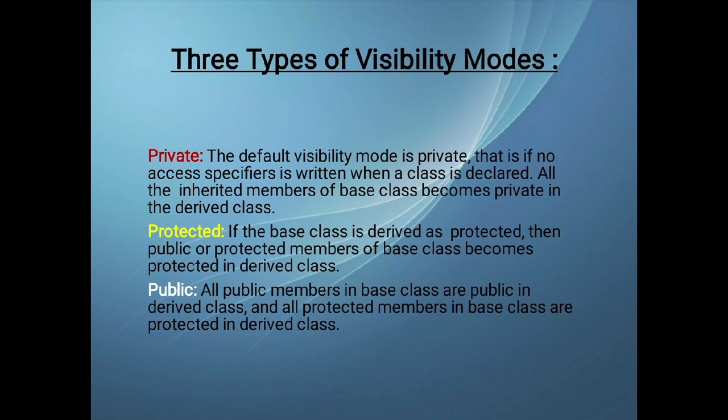So the private members of the base class cannot be copied, cannot be accessed explicitly. I hope with this presentation you have understood the declaration of derived class, the visibility modes, and access specifiers. So that will be all for today.